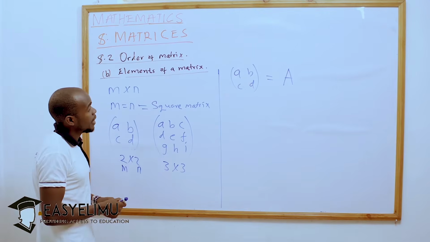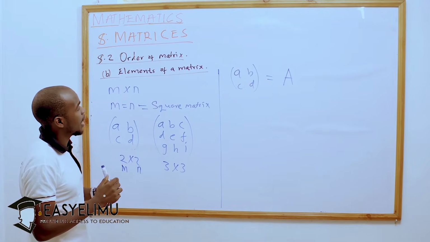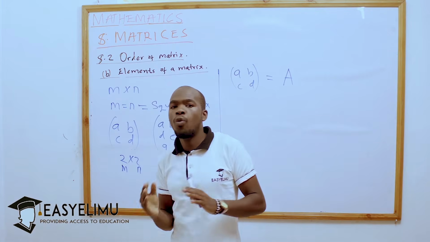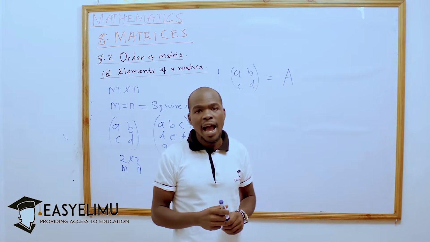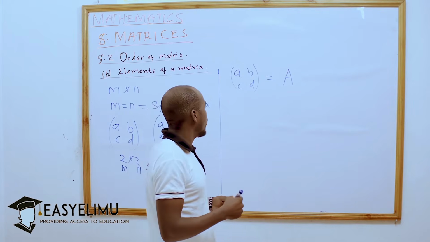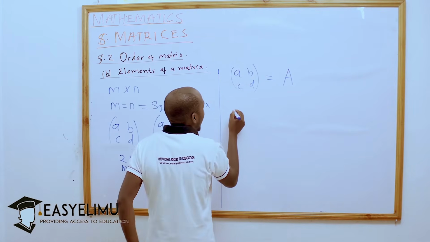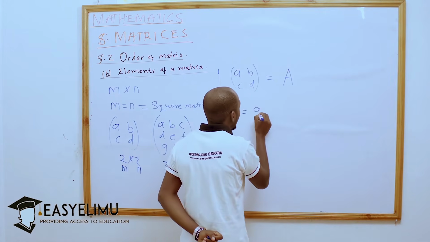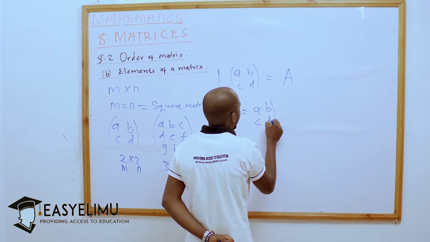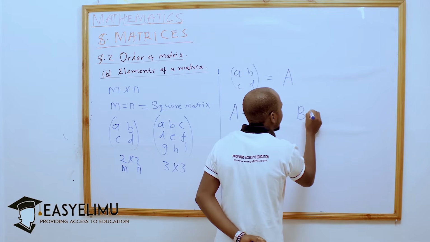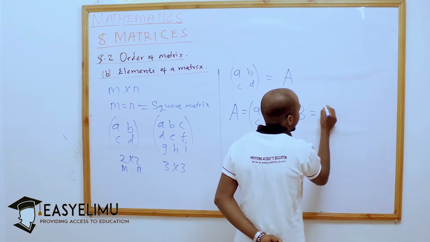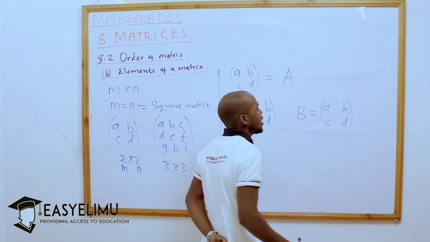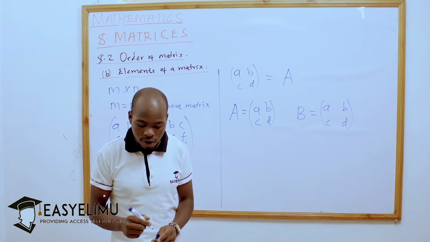And you may find that you want to make an assumption, or make a relationship between one matrix and another and see if they are the same. In case I have a matrix A, which is equal to A, B, C, D, and I have another matrix here, B, and I am told that this matrix is A, B, C, D, then I will say the two matrices are the same.